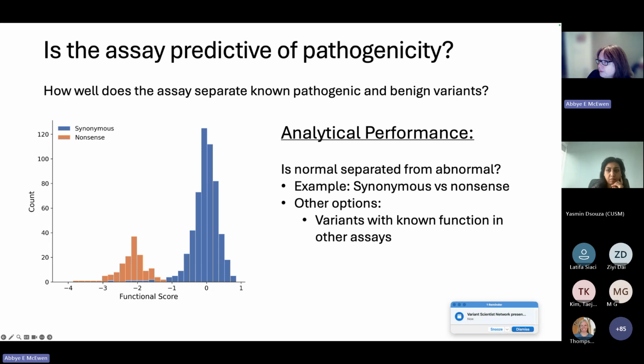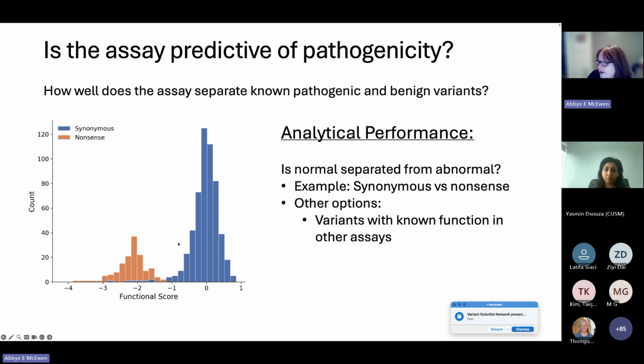So analytical performance is the first thing I'm going to touch on here. So this asks the question, is normal separated from abnormal? In this example MAVE here, we've got a functional score on the x-axis with a variant count on the y. Deleterious variants are over here, whereas normal variants are over here.